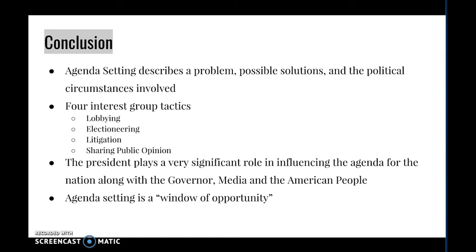The president, of course, plays a vital role in influencing the agenda for the nation, along with the governor, media, and American people. And in longest words, agenda setting is a window of opportunity.